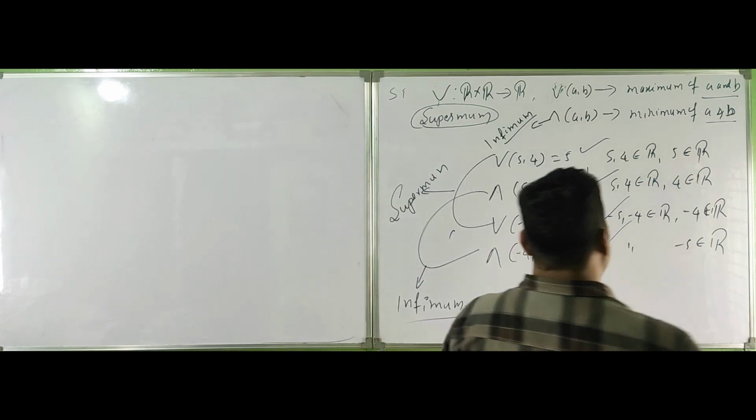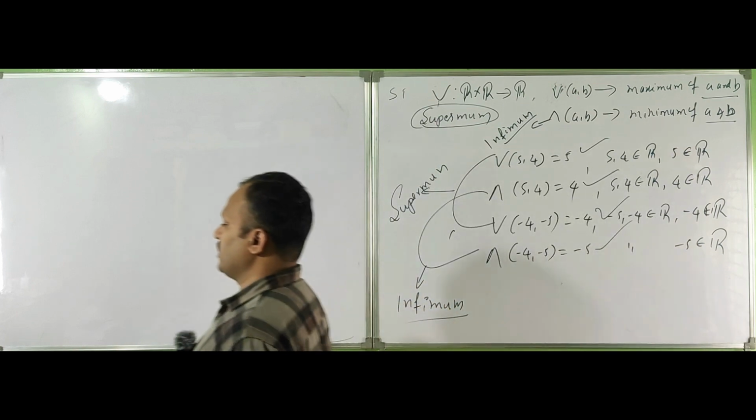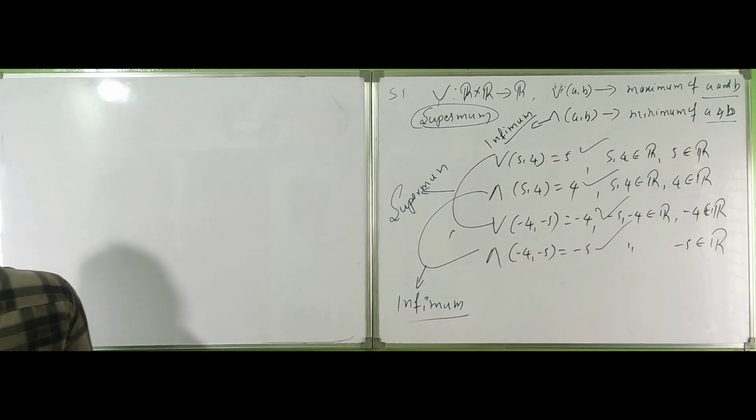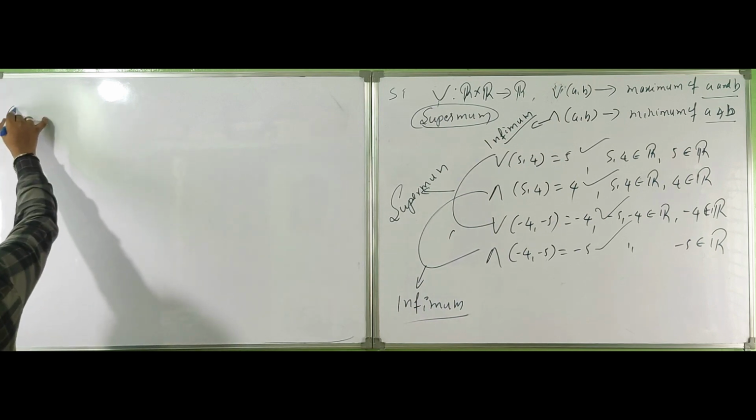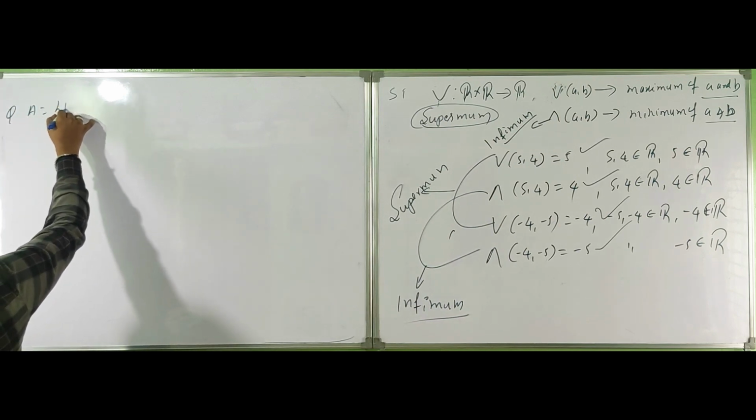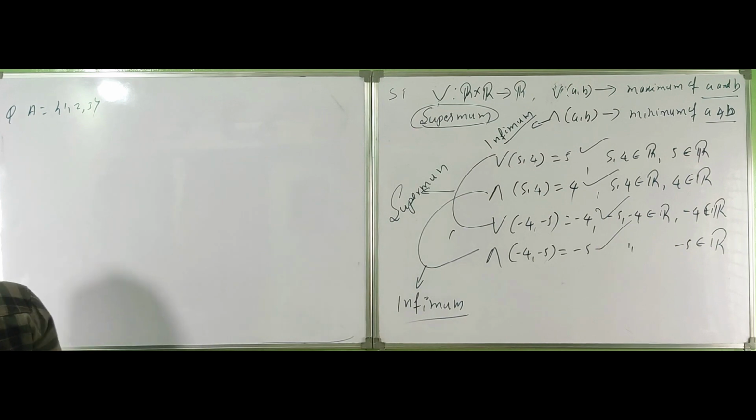Okay. Based on this one, let's solve one question from the composition table. Question: Let A equal {1, 2, 3}.